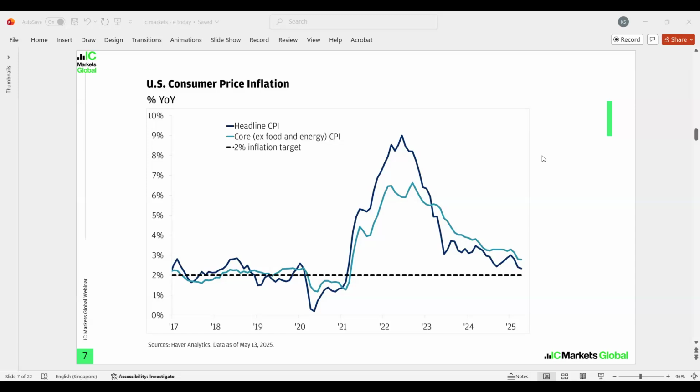This is considered more stable and more reflective of long-term inflation pressures. Now, here's the key point that most beginner traders miss. Central banks tend to pay more attention to core inflation when making policy decisions because it gives a clearer picture of persistent inflation trends rather than short-term volatility. So when CPI data is released, traders are not just looking at whether inflation went up or down, but also whether core inflation is accelerating or slowing.